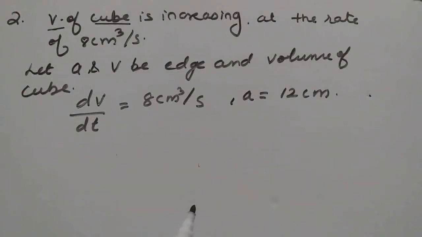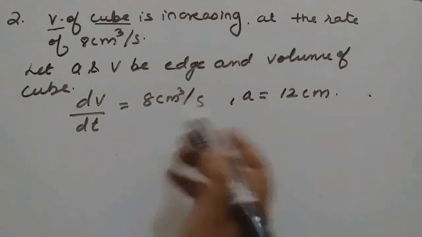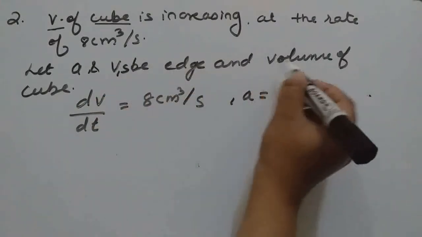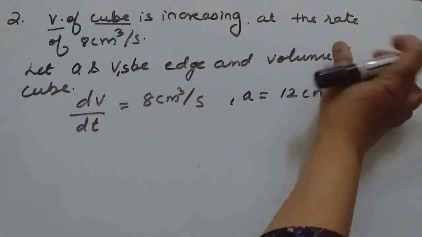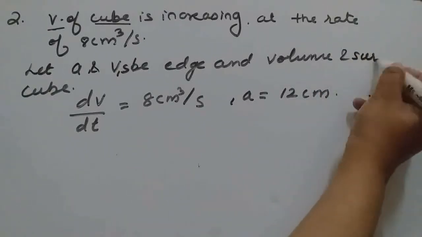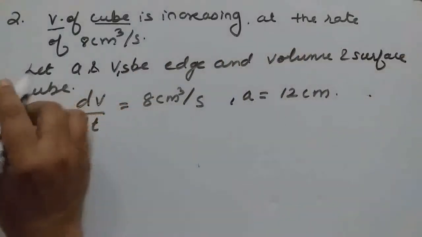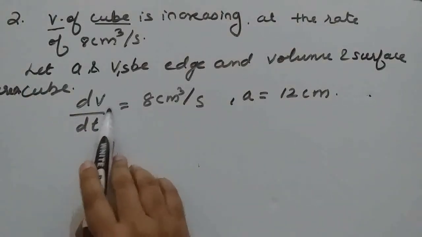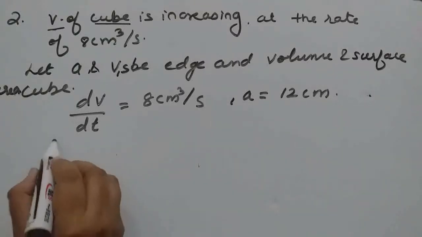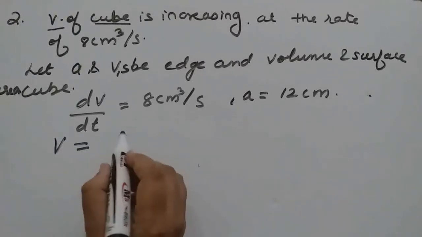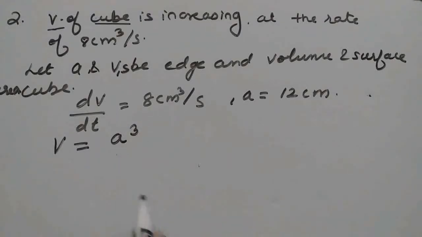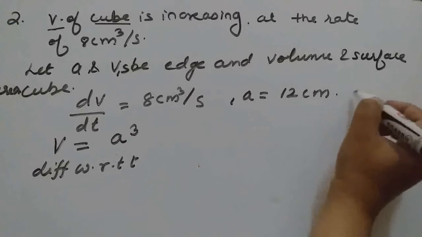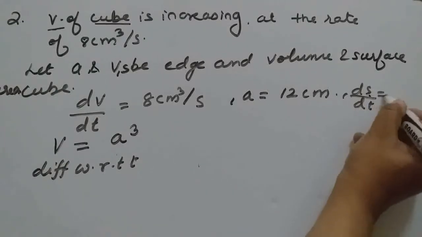So what should we find? How fast is the surface area increasing? So here we should add the surface area also. Let a be the edge, V the volume and S the surface area of the cube. So what are the given things? dV by dt and a. So we will use V, the volume of the cube, which is a cube. Differentiate with respect to t. We should find dS by dt here.